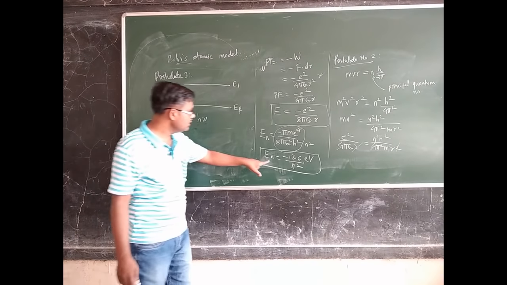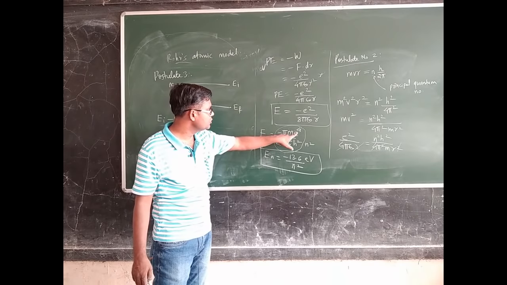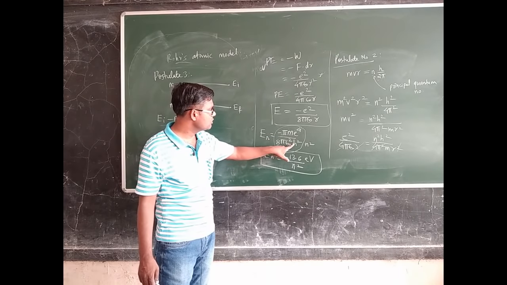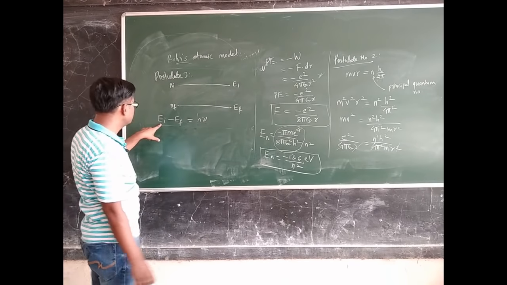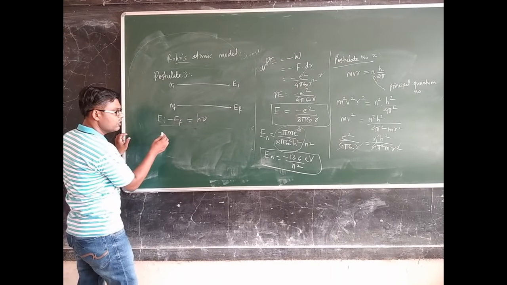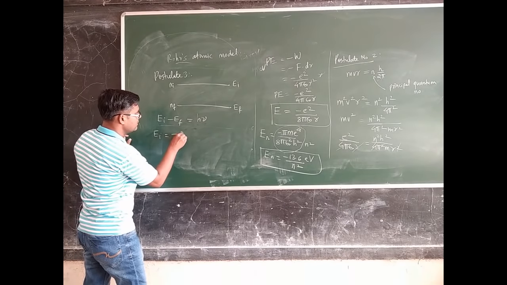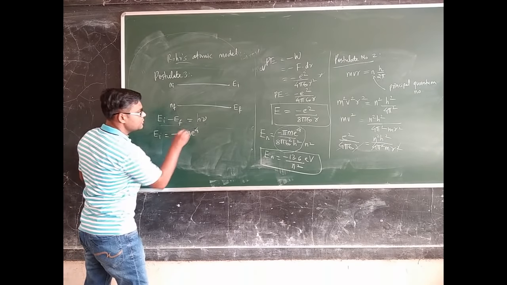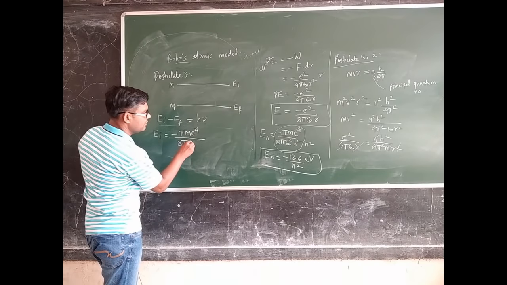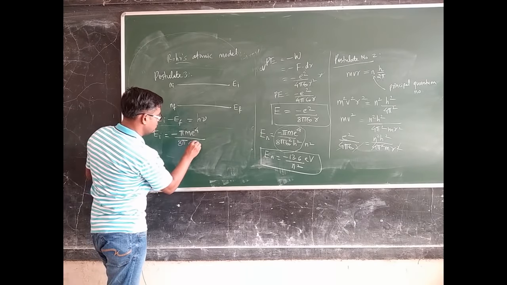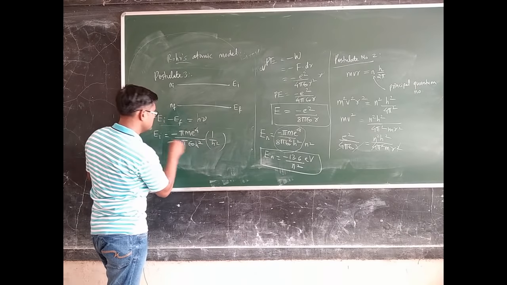Now we have just seen the expression for the energy: En is equal to minus pi m e raised to power 4 divided by 8 pi epsilon 0 square h square, into 1 upon n square. So for the initial orbit, what will be the energy? Ei will be equal to minus pi m e raised to power 4 divided by 8 pi epsilon 0 square h square, into 1 by n square.